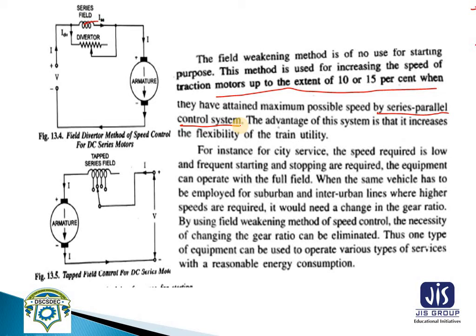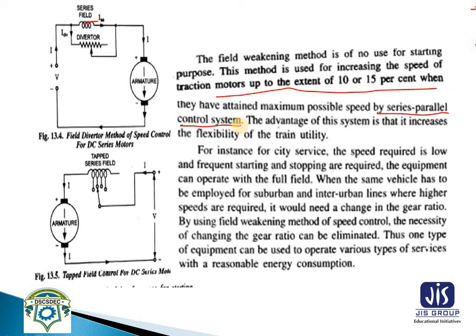For instance, in city service, the speed required is low and frequent starting and stoppings are required. The equipment can be operated with full field. When the same vehicle has to be employed for suburban and interurban lines where higher speeds are required, it would need a change in the gear ratio.